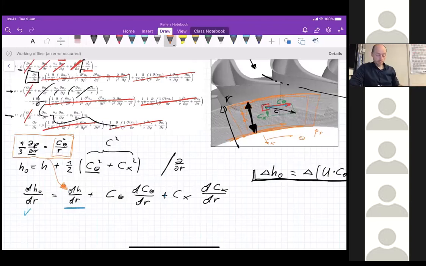What other equation can I use in order to use the relation for the radial pressure gradient, which is a function of C theta, in order to replace dh over dr? Any ideas what I could use?